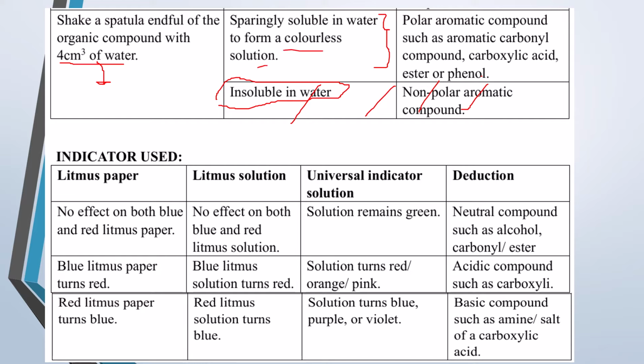We'll record the initial appearance of the substance, and then we will also take it to the final appearance of the substance. So you should be very, very careful about that. Now someone may say that a white solid is sparingly soluble in water to form a colorless solution, for as long as you have mentioned the initial appearance or texture and the final appearance or texture.